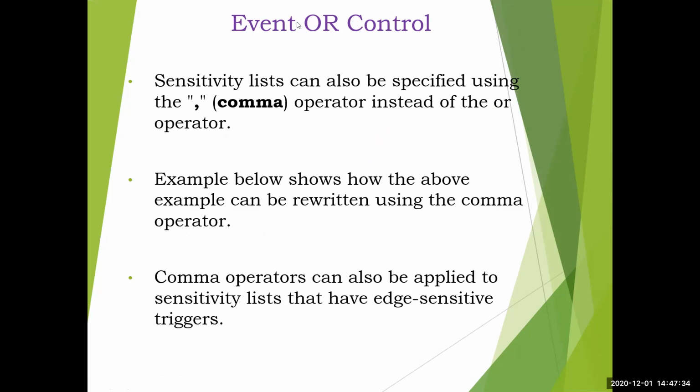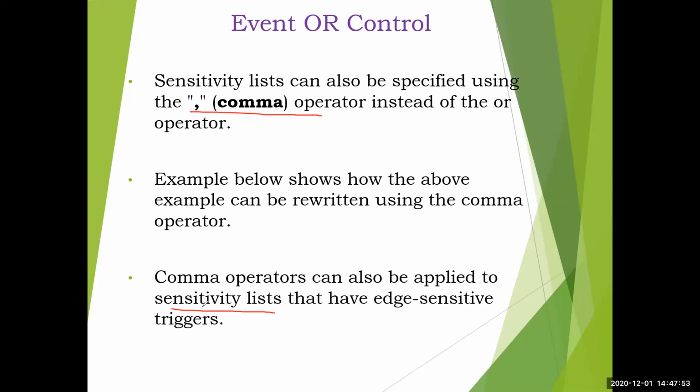Sensitivity lists can also be specified using the comma operator instead of the OR operator. The example below shows how the above example can be rewritten using the comma operator. Comma operators can also be applied to sensitivity lists that have edge sensitive triggers.